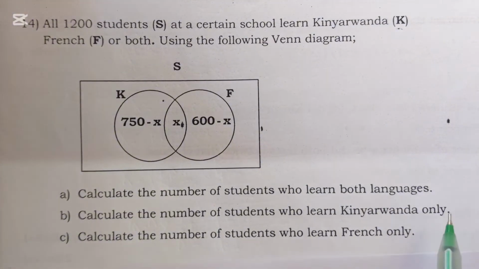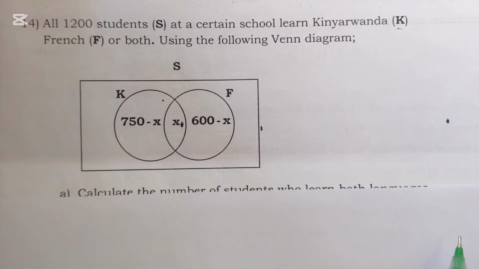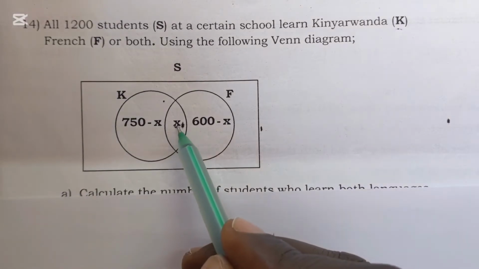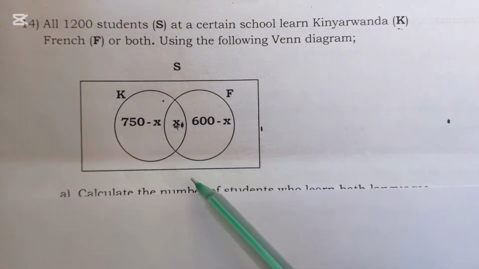Here we are supposed to find the number x, and this x shows the number who learn both.